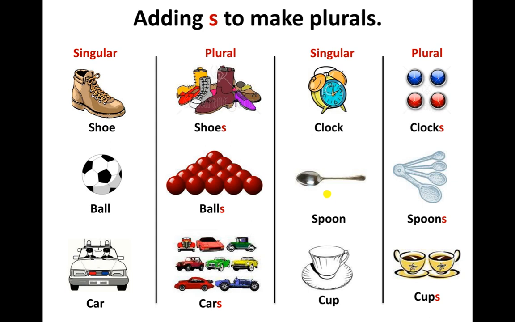Shoe becomes shoes only by adding an extra s with it. Alright. Then balls, cars, clocks, spoons, cups, etc. Now students, after learning this rule, you will try to find out those objects around you which can be pluralized adding s, and note that down in your grammar copy.